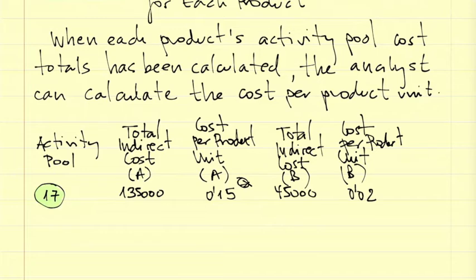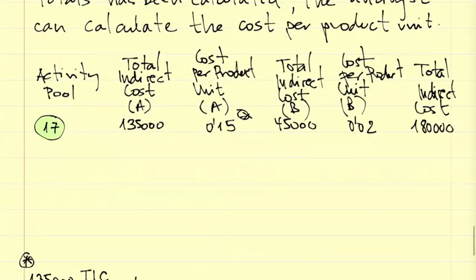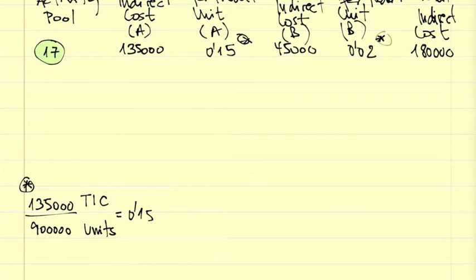Okay, so the total indirect cost equals 180,000 for activity purchase orders. If we do the same, so sorry, let me do it. If we do here also the calculation for this number, so that you don't lose track.